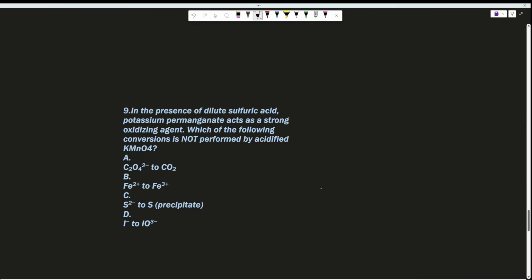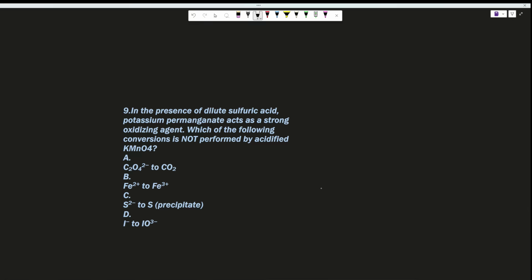Ninth one. In the presence of dilute sulfuric acid, potassium permanganate acts as a strong oxidizing agent. Which of the following conversions is not performed by acidified KMnO4? See, when acidified KMnO4, that is, it changes from MnO4- to Mn2+ in acidic medium.